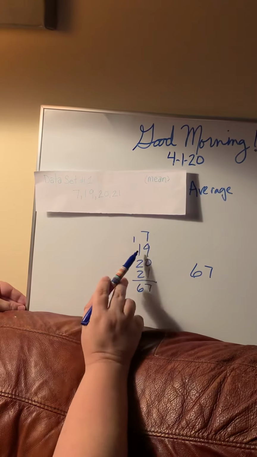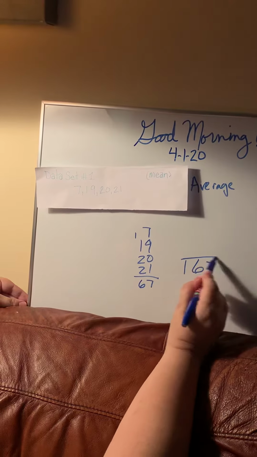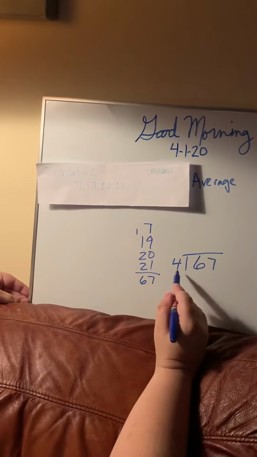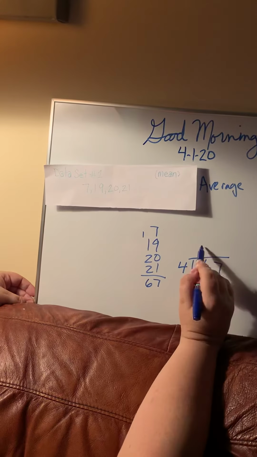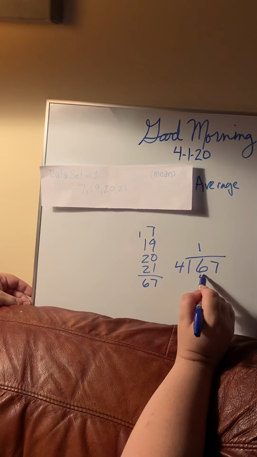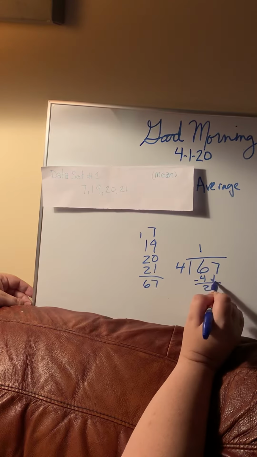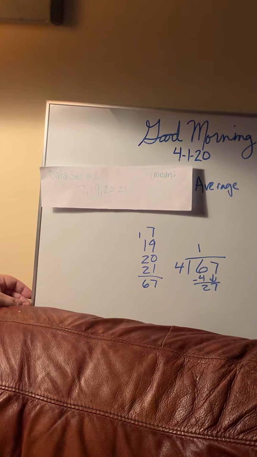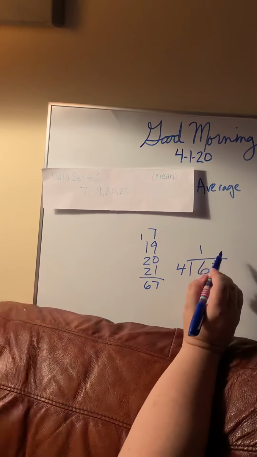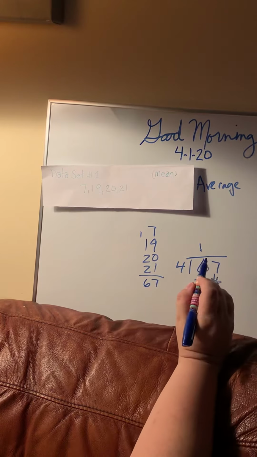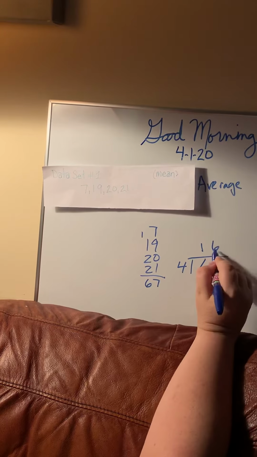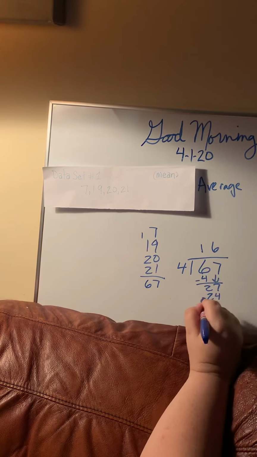And since there are 1, 2, 3, 4 numbers, I'm going to divide that by 4. Okay, how many times will 4 go into 6? It'll go 1 time. 1 times 4 is 4. How many times will 4 go into 27? It'll go 6 times. 6 times 4 is 24.